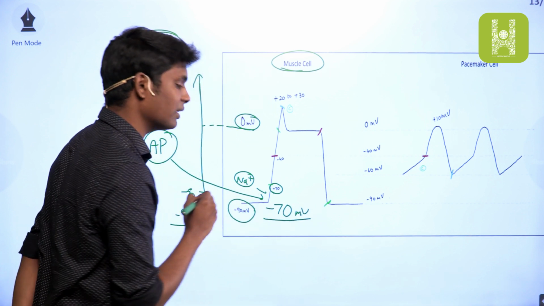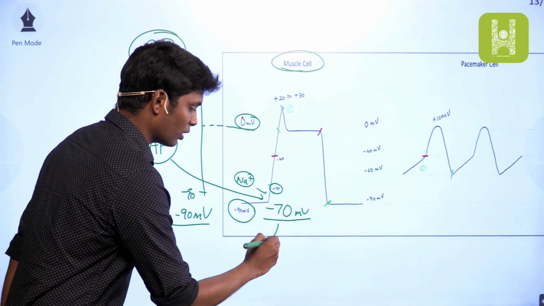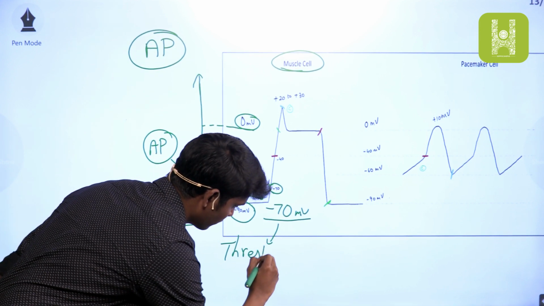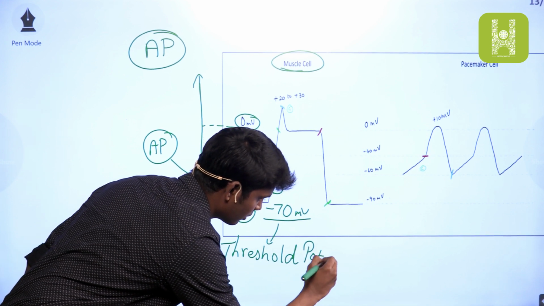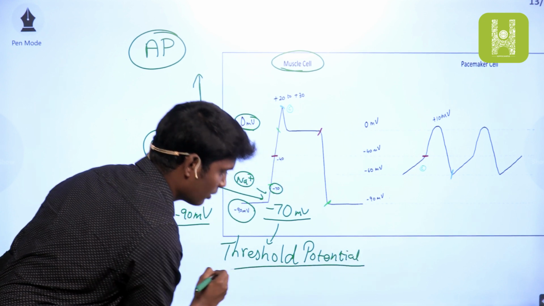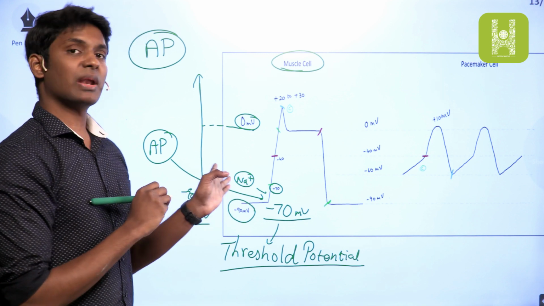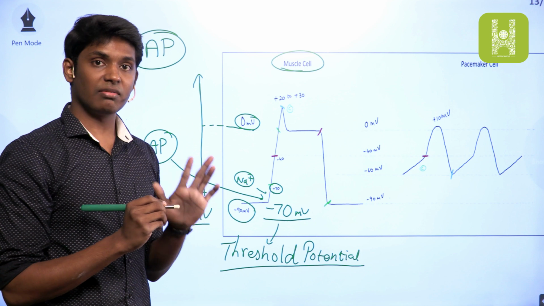Minus 70 millivolt is a very important value to remember, because that is what we call the threshold potential. Once the membrane potential reaches minus 70 millivolt, there is one important activity which occurs.